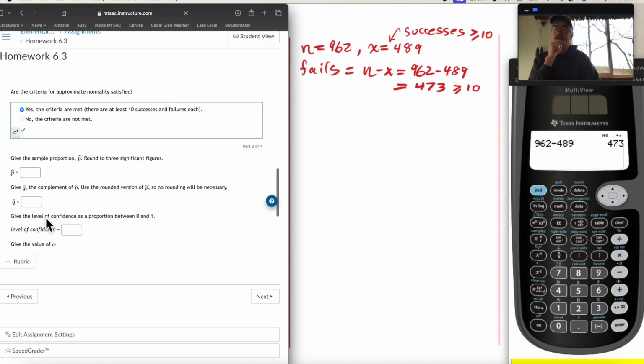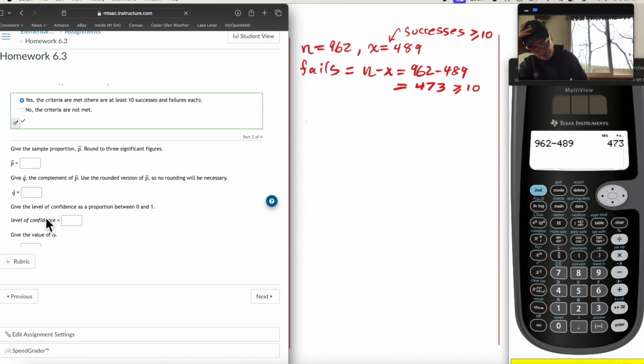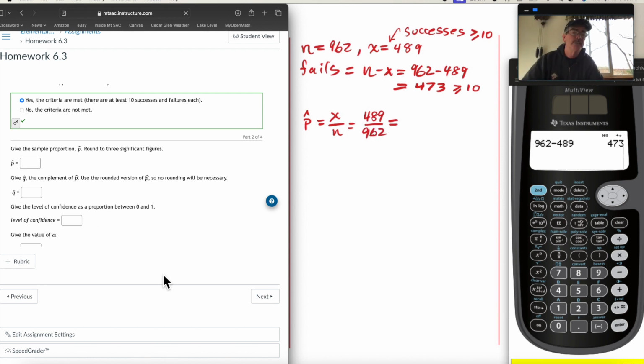Okay. Now we want the sample proportion. So p hat, the sample proportion, is X over N. So here that'll be 489 divided by 962. Do that on a calculator. Okay, so that's, with 3 significant figures, we'll go with 0.508.